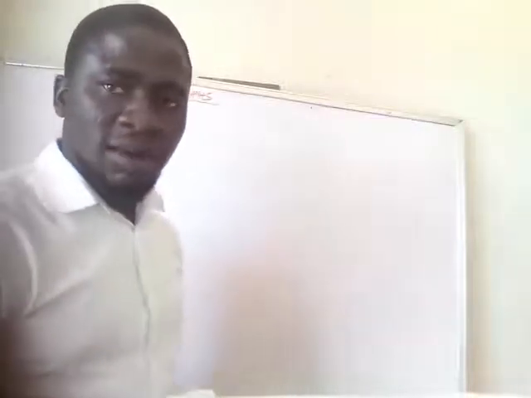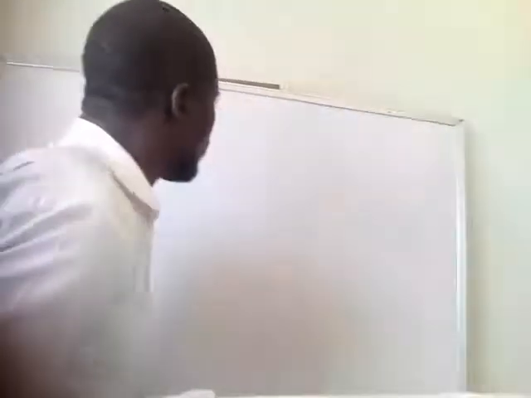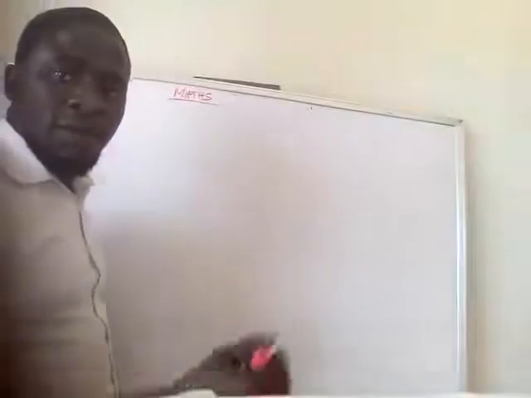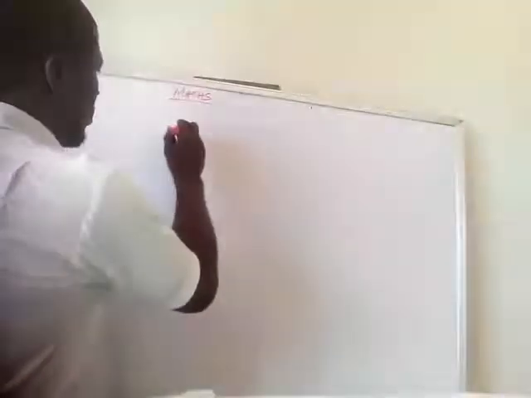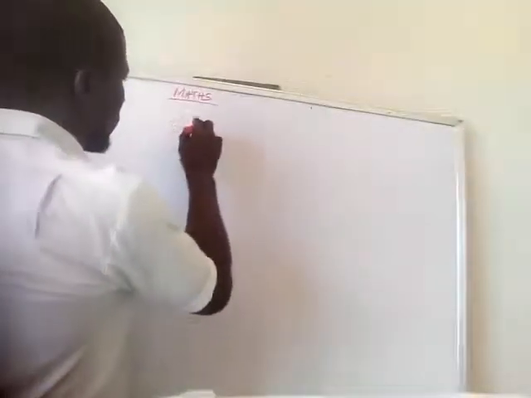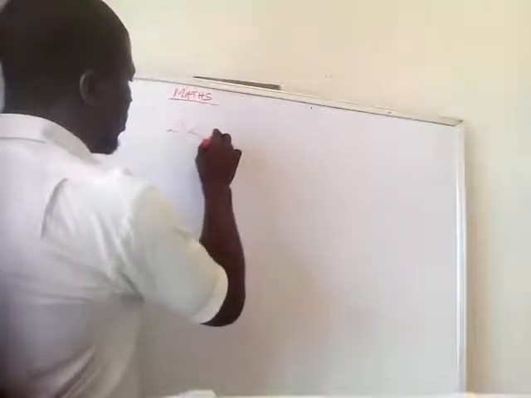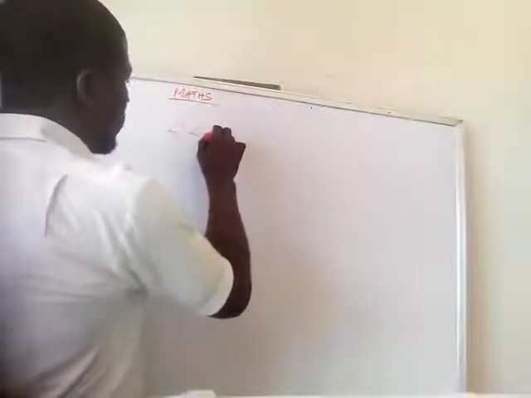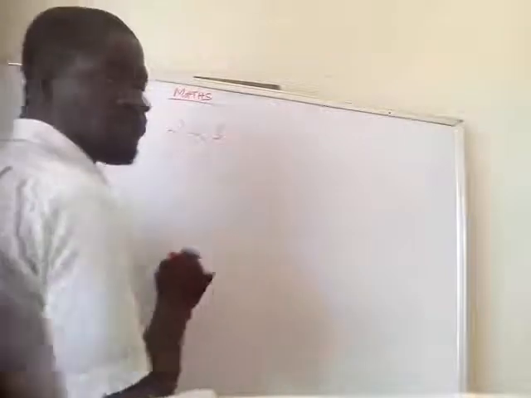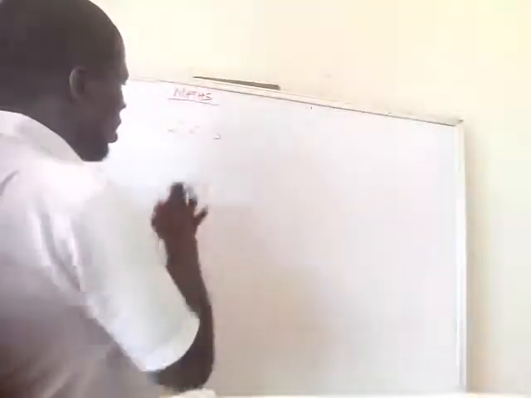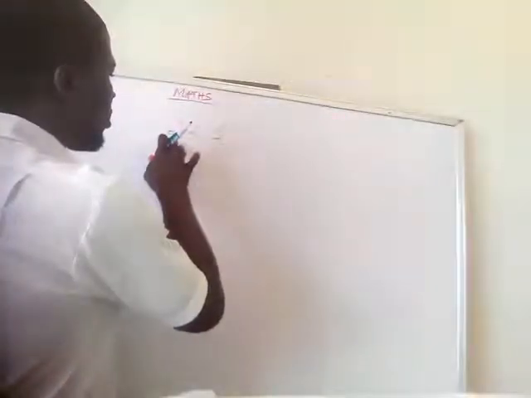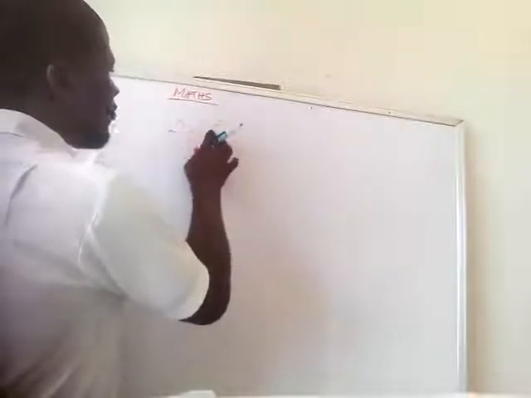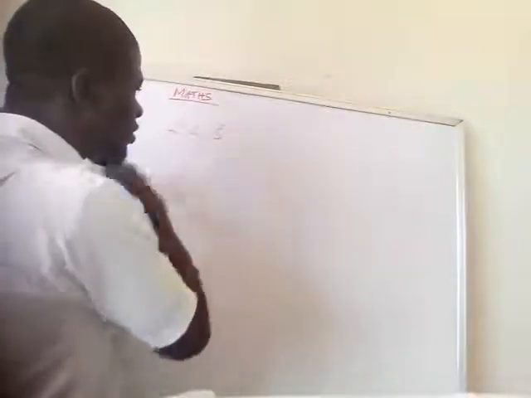But before we solve an example, let me use this to show you. If you have 2 is less than 5, and I multiply both sides by 4, it will still be true.